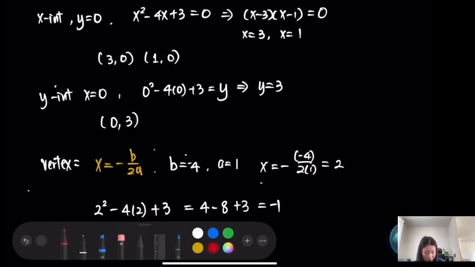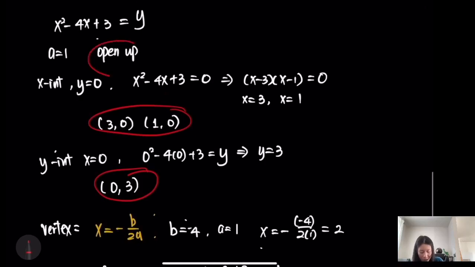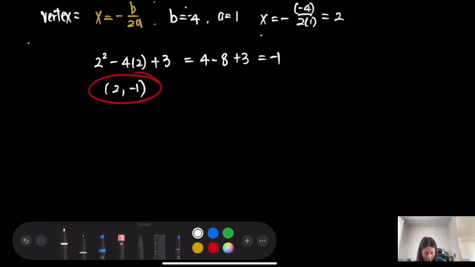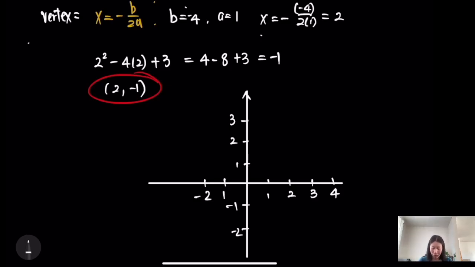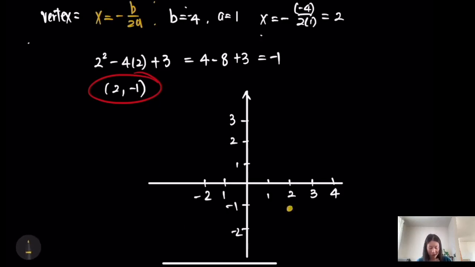Now, the key points: x-intercept, y-intercept, vertex, and we know that it's open up. Now we can draw our graph. Okay, so the vertex is (2, -1), which is here.